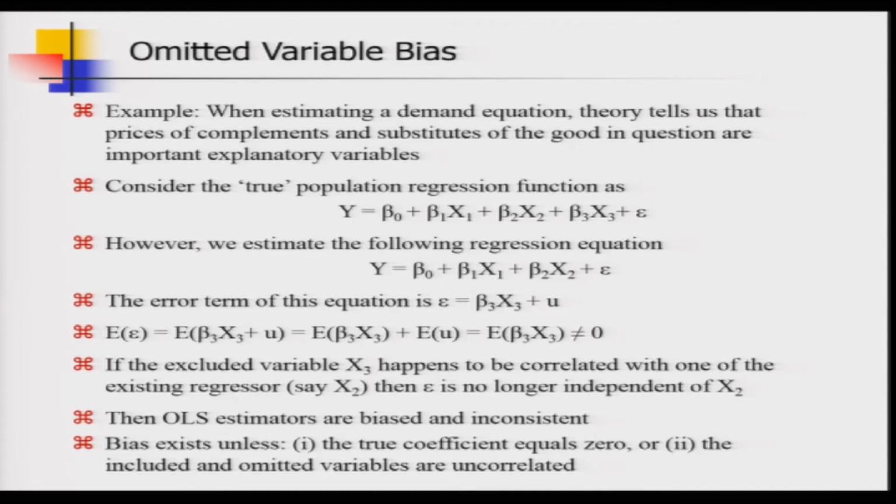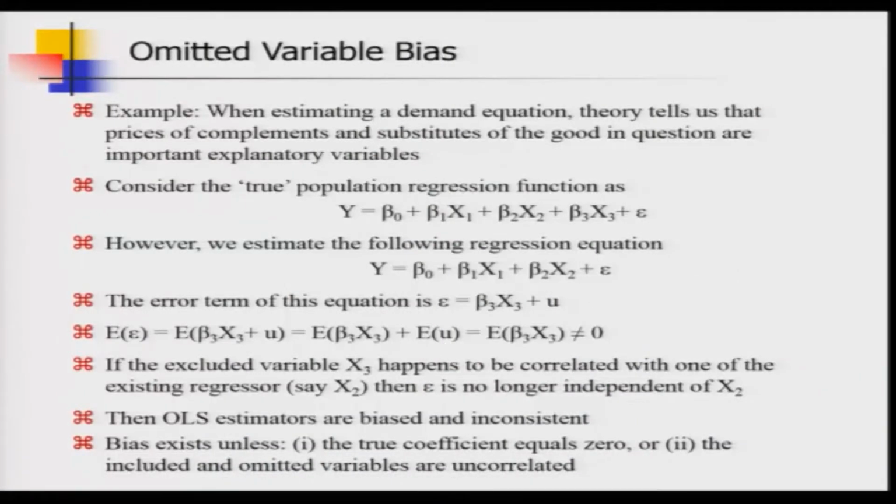Now, u, as I said, we can assume follows the standard assumptions of the classical linear regression model, so the expected value of u will be 0. Finally, you end up getting the expected value of beta 3 times x3, which is basically a non-zero number. So the consequence is that you do not have an error distribution with a zero conditional mean.